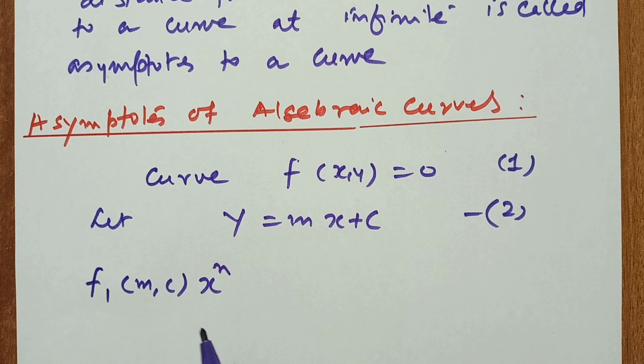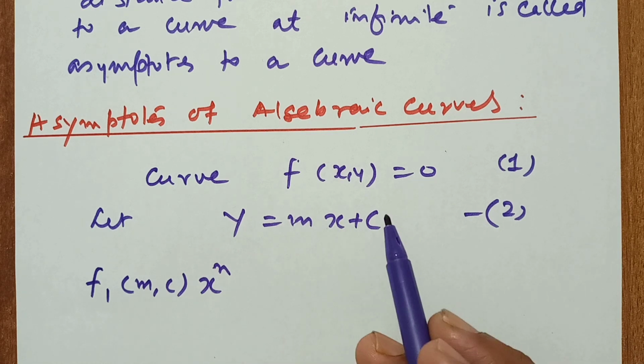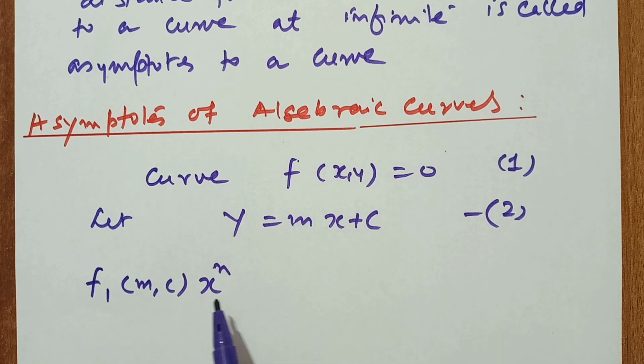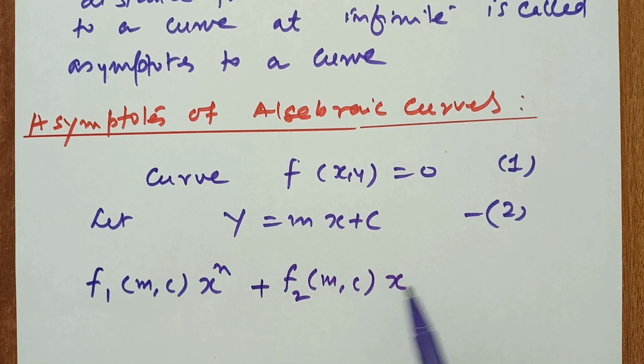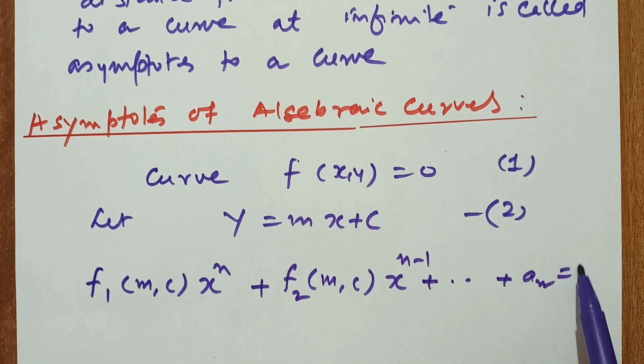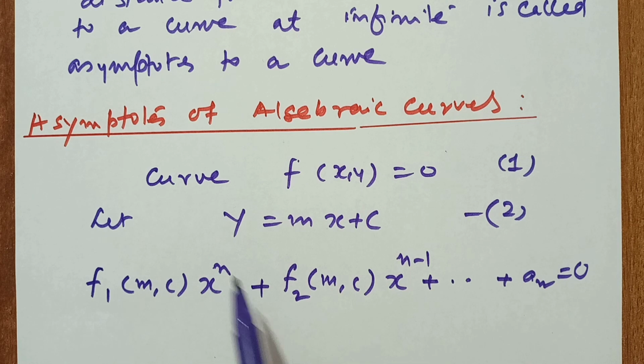x^n. Suppose this is an equation of degree n, so by putting this value in 1 we get an equation in the form of m and c, because here we eliminate y from 1 and 2. So we get f1(m,c)x^n plus f2(m,c)x^(n-1) plus so on up to fn is equal to 0. It means we will get an equation in the form of m and c, and we will arrange the equation in degrees of x, first the highest degree x to the power n and then x to the power n minus 1 and so on.